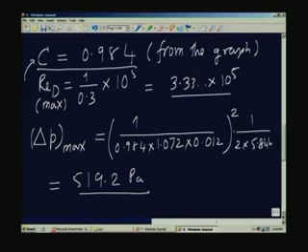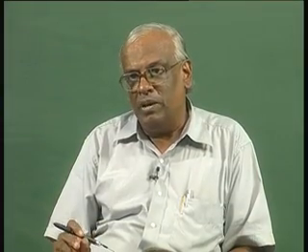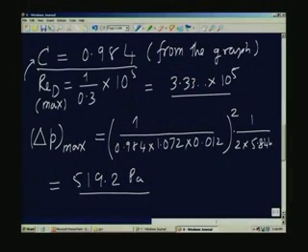Actually, I can convert it to a more useful unit in terms of millimeters of water. All I have to do is divide it by, assuming the water density is 1000, which is a good enough approximation for this problem, you simply divide by g, which is 9.81. So this can be converted into millimeters of water.